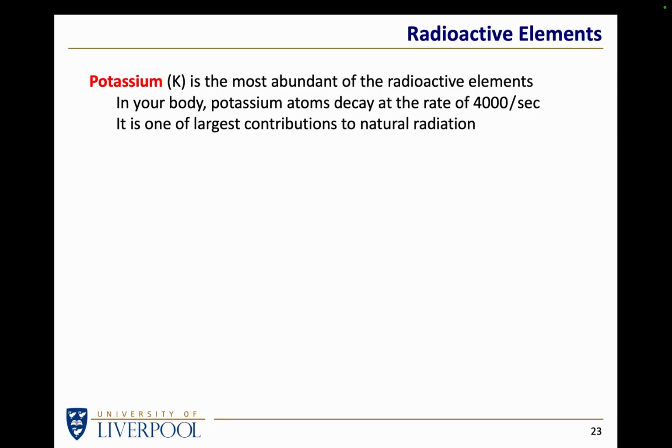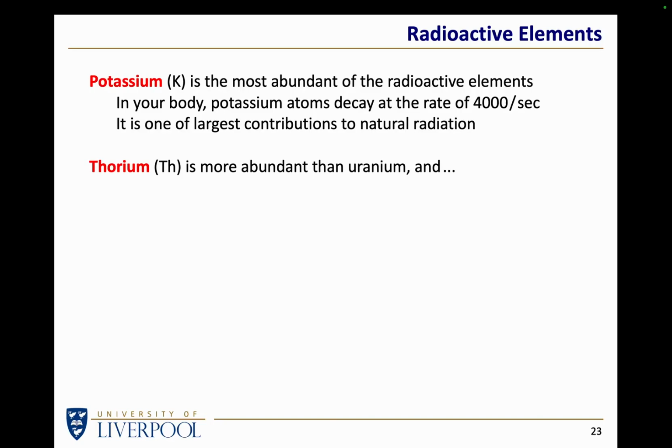It's one of the largest contributions to background radiation because we're all made, to some extent, of a little bit of potassium. There's a few grams of potassium in everybody. The other elements contributing to background radiation on the Earth are thorium, which is more abundant than uranium, even though you've probably heard of uranium and might not have heard of thorium.